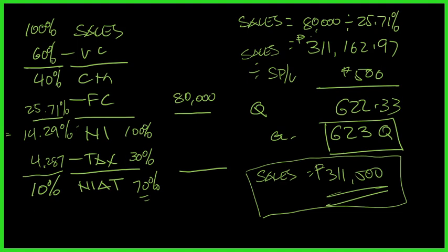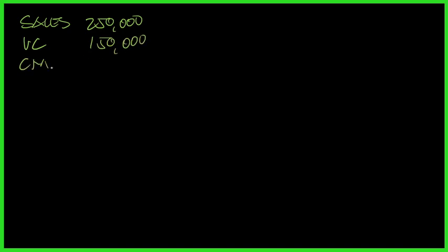Ano pa ba? Let's have an assignment. Okay, eto para makita ko kung sino sa inyo talaga ang nanonood ng video. May assignment tayo. Given the same information na sales at 250,000, variable cost at 150, and contribution margin, basta yung information natin kanina.